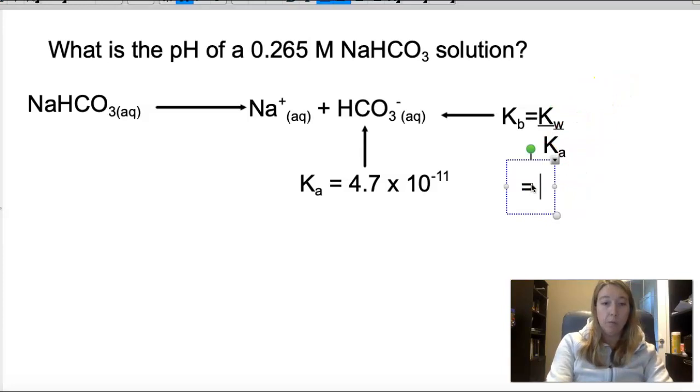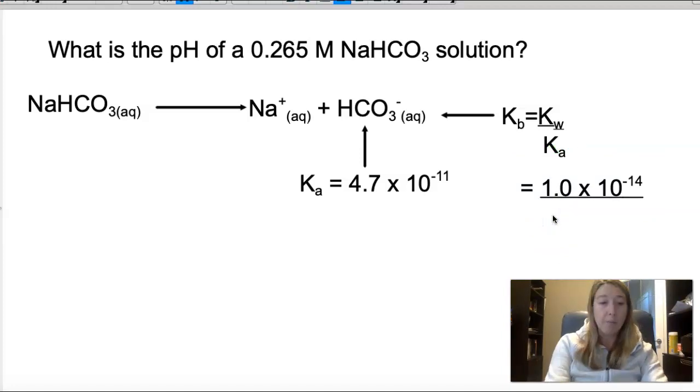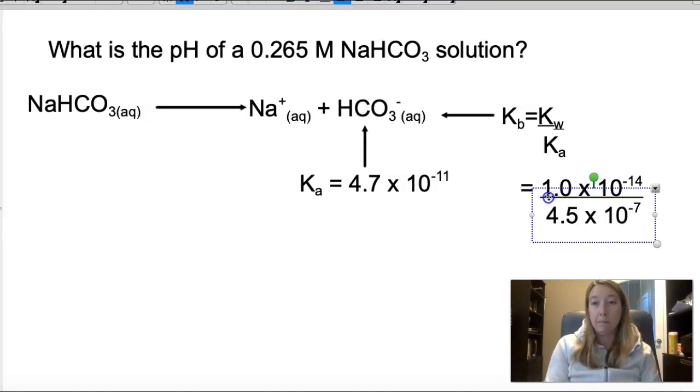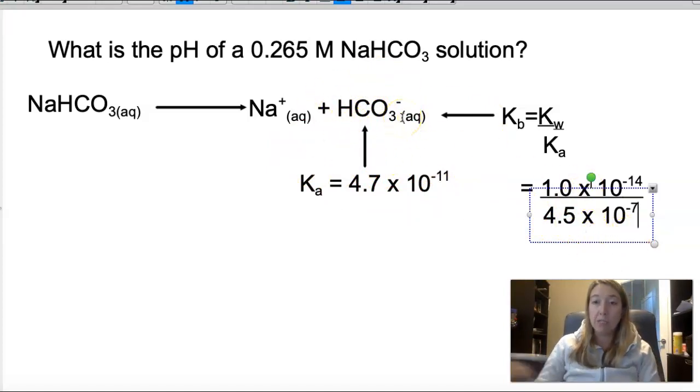So we're going to do 1.0 times 10 to the negative 14 divided by 4.5 times 10 to the negative 7. Right, so not the same Kas, because this Ka is for this as an acid. This Ka is for when the hydrogen carbonate was in the base column.